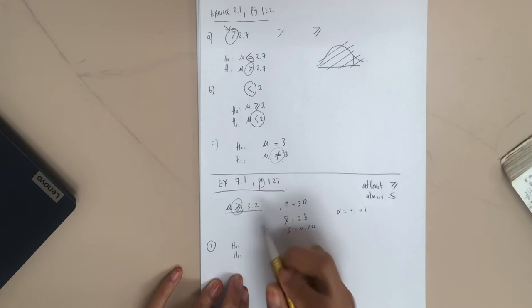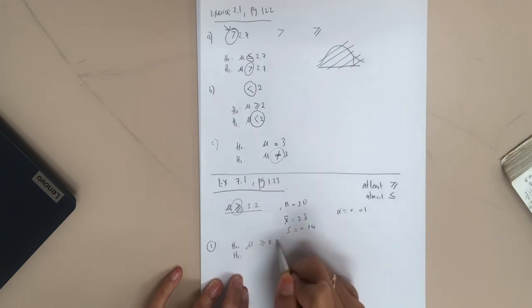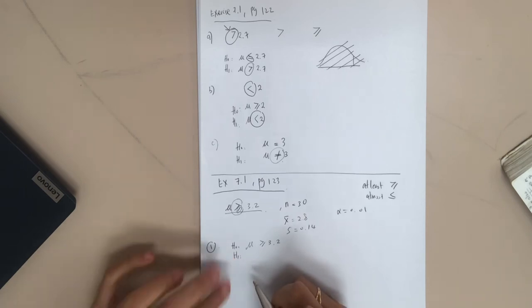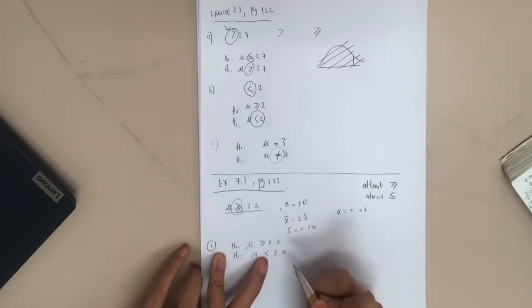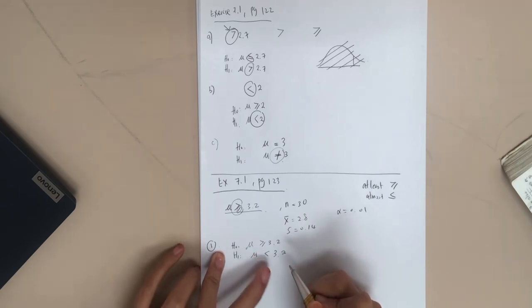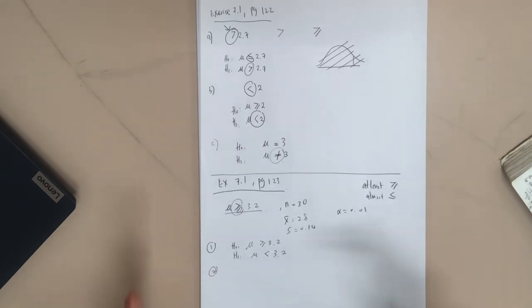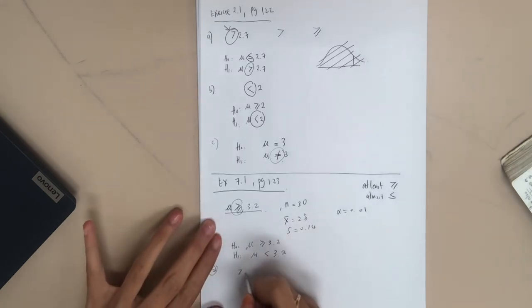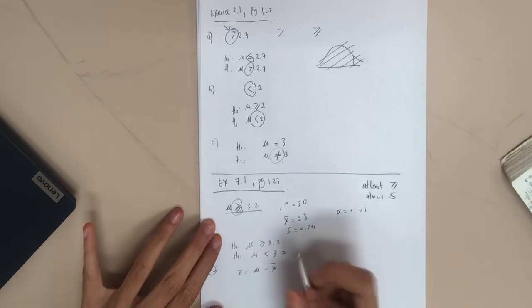So mu is more than or equal to 3.2, and automatically the complement is mu less than 3.2, without any equality sign. Then step number 2 is to choose an appropriate test statistic. For our case it is considered as mean, so Z is equal to X bar minus mu, sorry, the other way around.